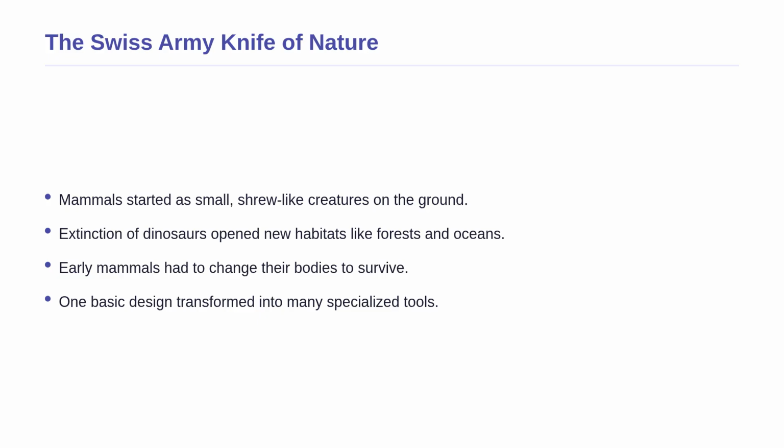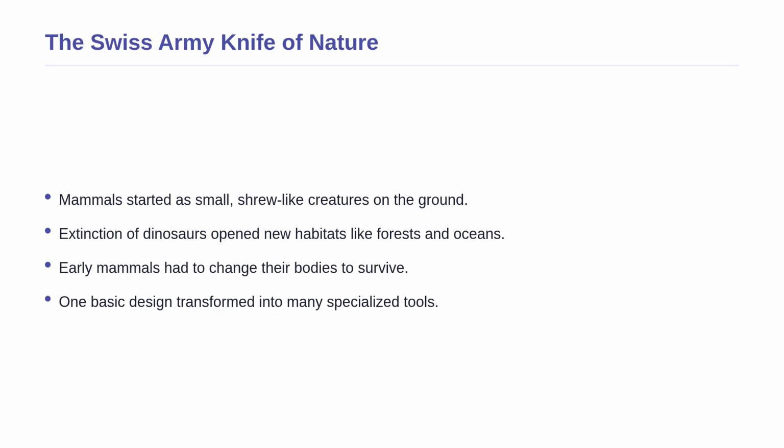To understand how this transformation happened, let us look at the world right after the dinosaurs went extinct. The world was suddenly empty and full of opportunities, like open forests, deep oceans, and vast skies. At that time, mammals were mostly small, shrew-like creatures scurrying on the ground.